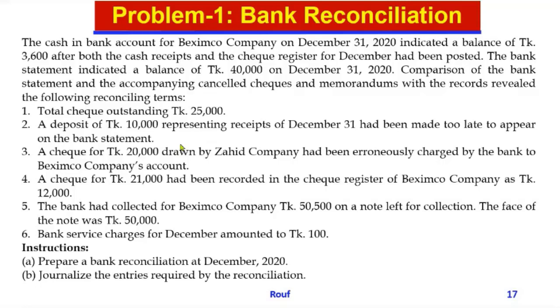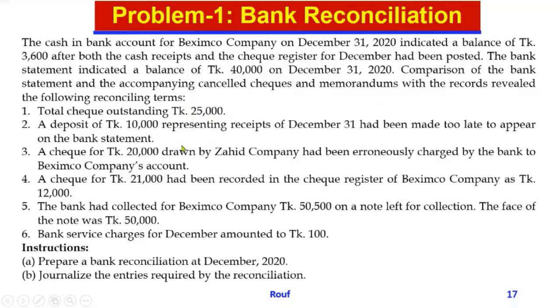Comparison of the bank statement and the accompanying canceled checks and memorandums with the records revealed the following reconciling items. Number 1, total checks outstanding Taka 25,000.